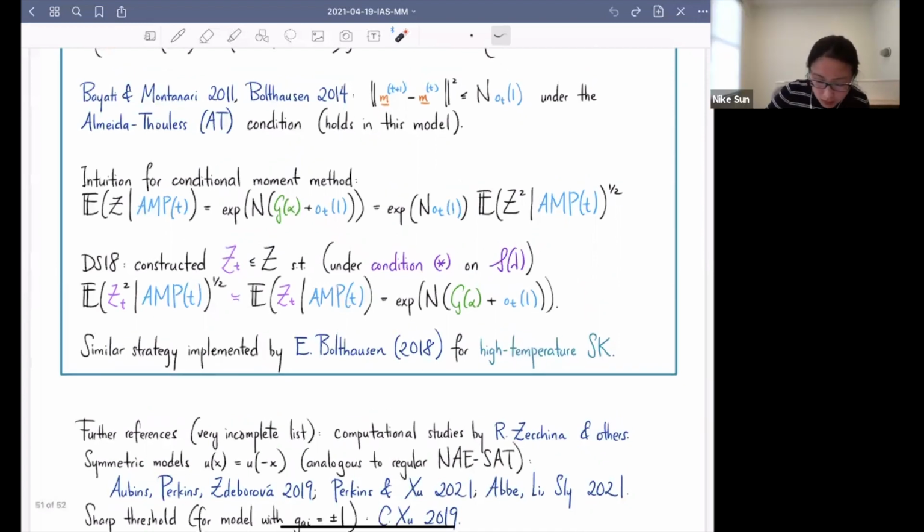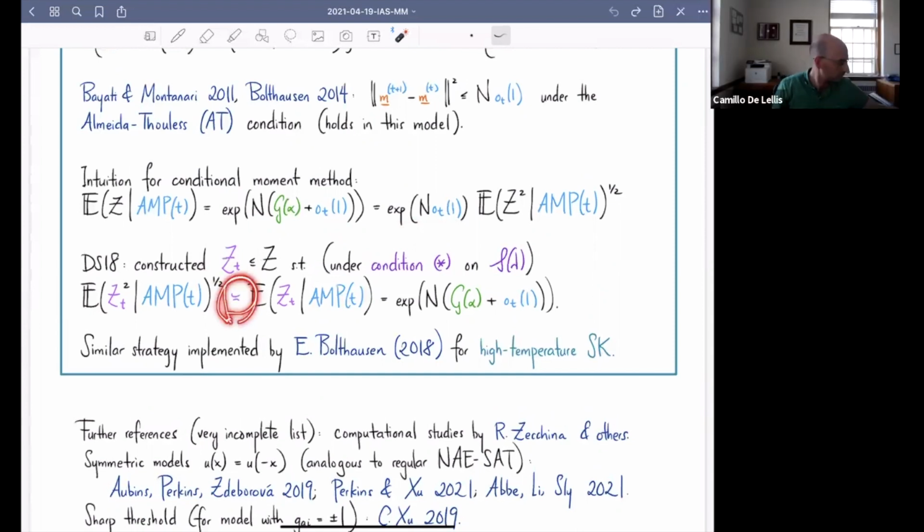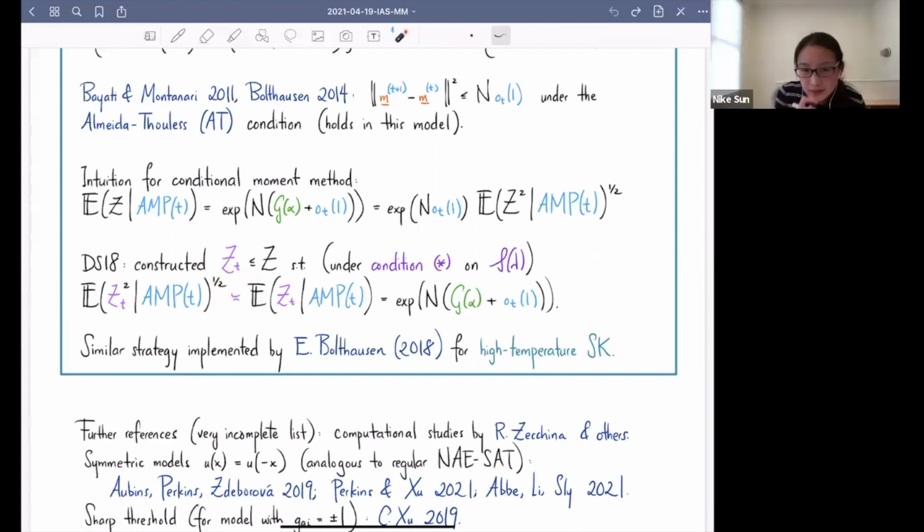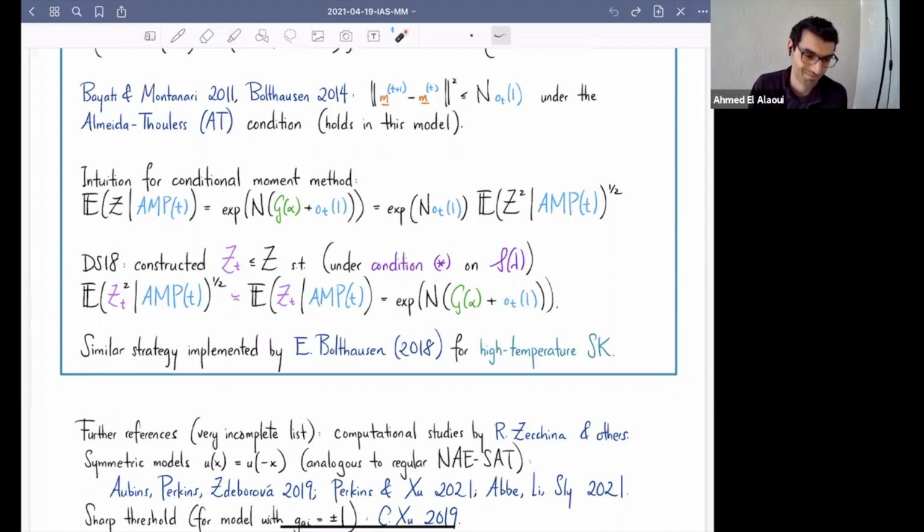If you have only this with this error, it's indeed not enough. So that's why we have to construct this slightly different random variable where we can show this up to constants, not up to this little o. I think this is why we have this extra step in the paper of reserving some of the last columns. That's the reason for that. Yeah, got it. Thank you very much.